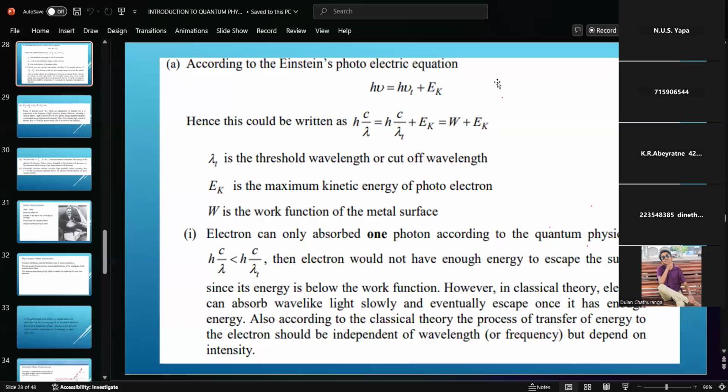According to the Einstein photoelectric equation, you can see here EK. I think it is better to use the board.